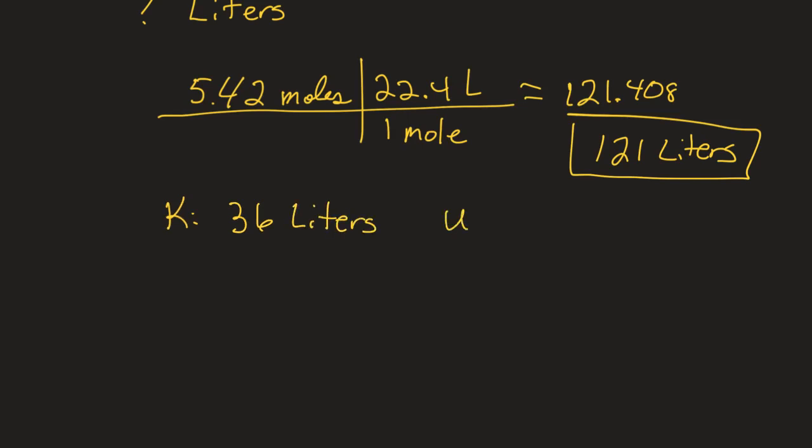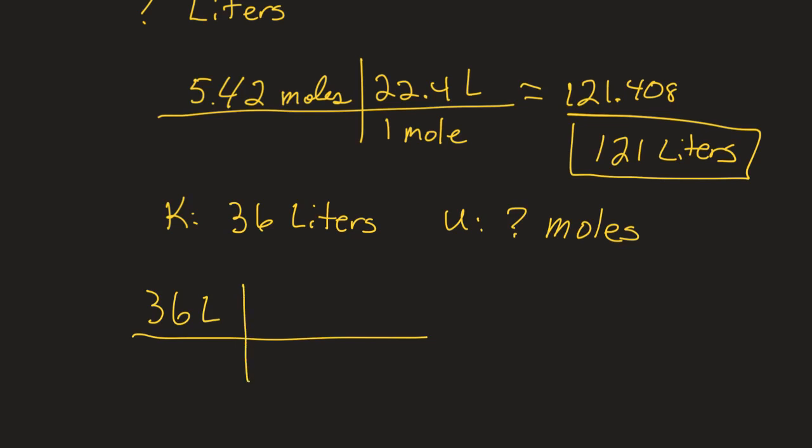And my unknown is how many moles the gas will be. So I'm going to start with 36 liters of my gas. I have liters on the top, so I'm going to need liters on the bottom. 22.4 liters per 1 mole of gas at STP.